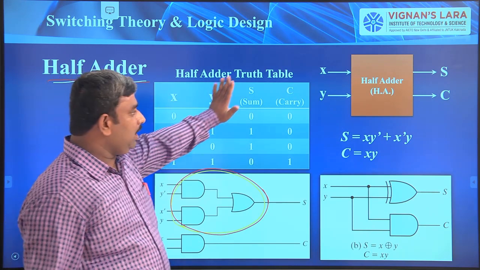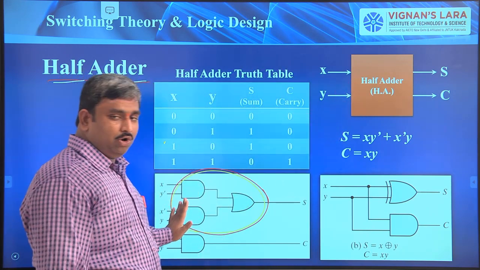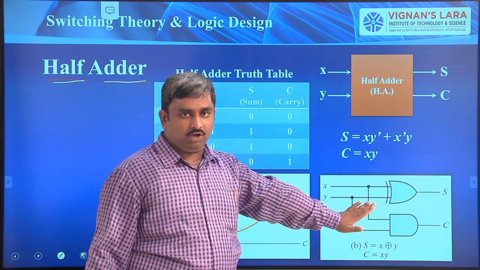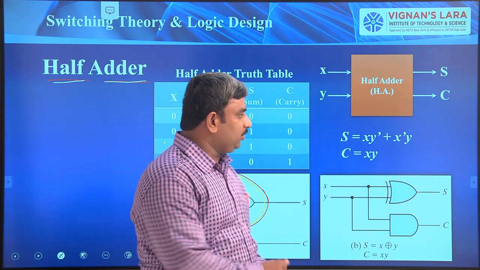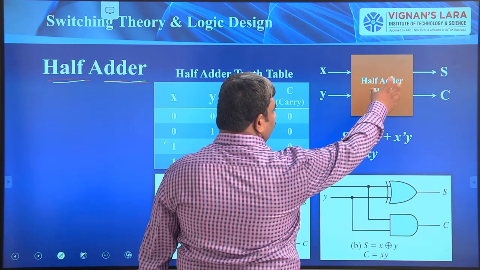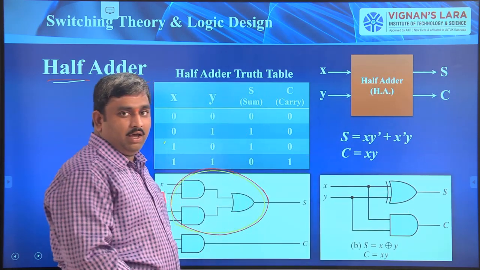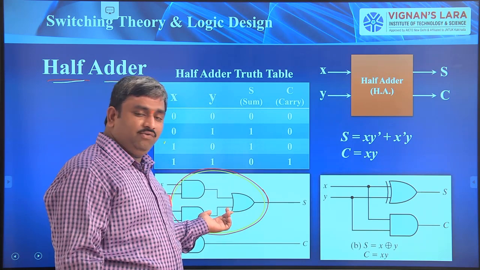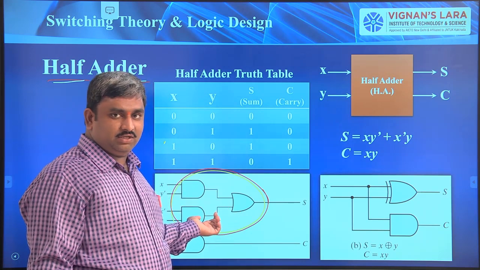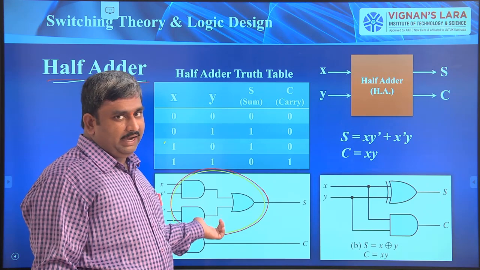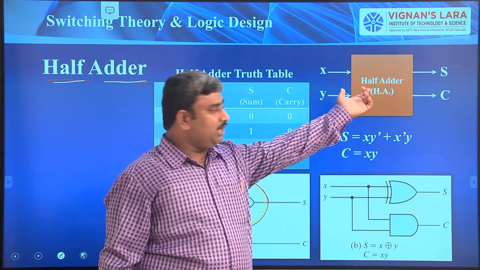It has a truth table, a block diagram view, a logic diagram, and a simplified logic diagram. In this half adder block, we may insert this diagram or this diagram. Otherwise, you can convert this complete circuit into NAND gates and place that NAND gate circuit here.